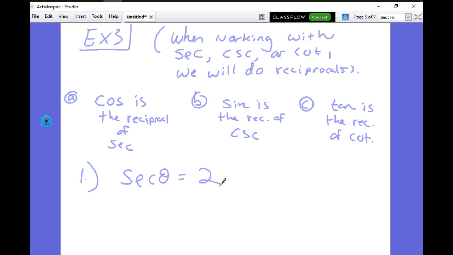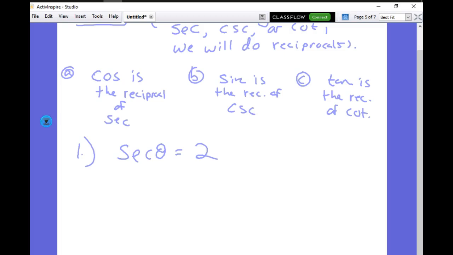Since we're working with secant, we're going to convert it. We start by doing the reciprocal on both sides. Put these over 1 and flip them over. Whatever you do to one side, you do to the other. That's a legal math move.